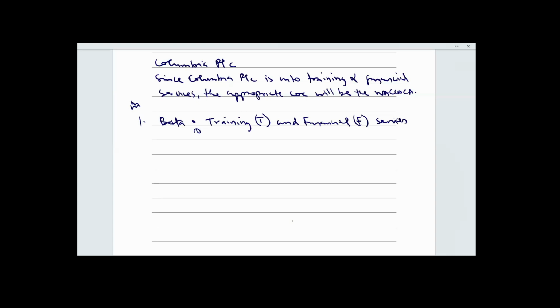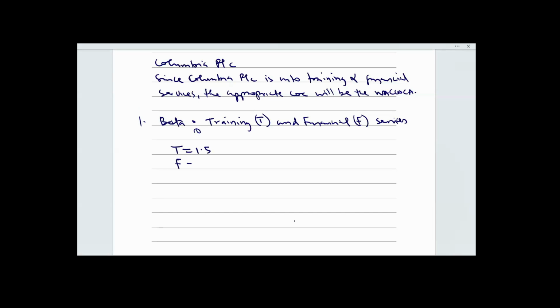So for training, I will then go back to the question, what's the beta of training given to us? According to the question, we are told that the average beta and debt to total market value for training service sector are 1.5. Beta of training is 1.5. So here is 1.5.